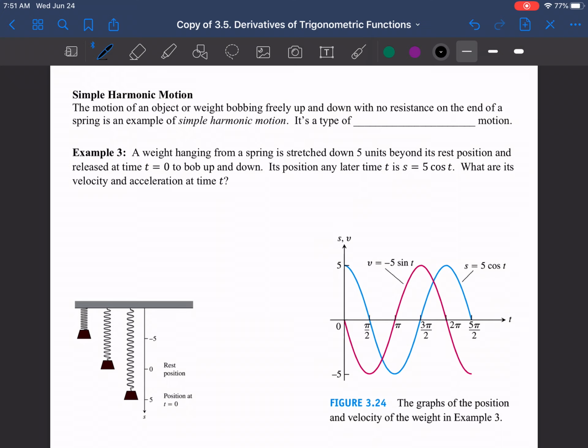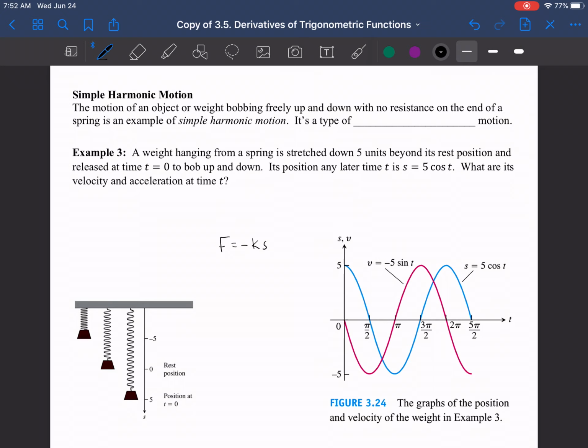All right, here's an example of this being useful. It's called simple harmonic motion. This is something that you probably would have seen if you ever took physics in high school or college. This is basically anything that follows what is called Hooke's law. And Hooke's law is just the statement that F equals negative ks.